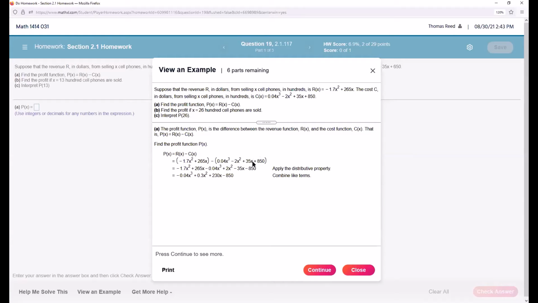This is a fixed cost. $850 is a fixed cost. So there's no variable with it.